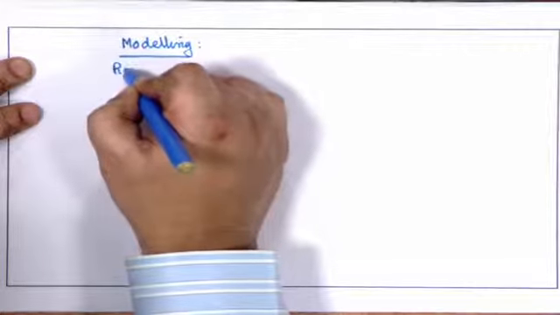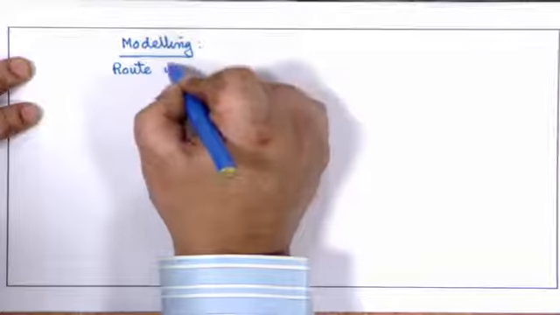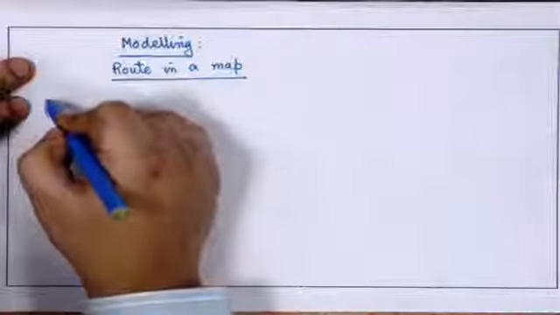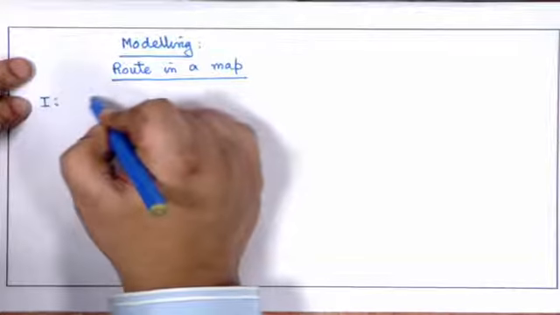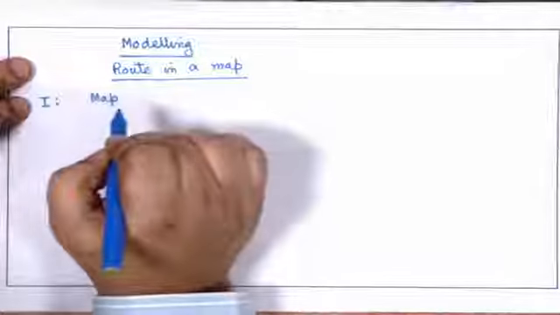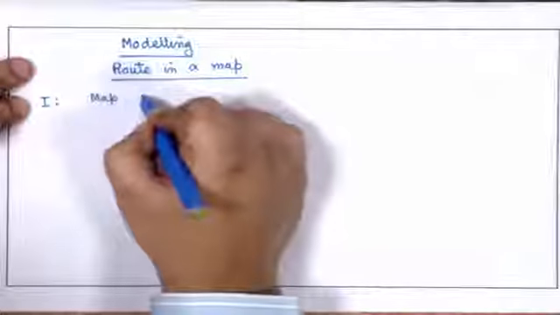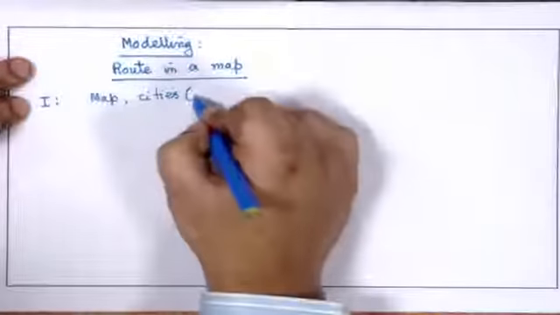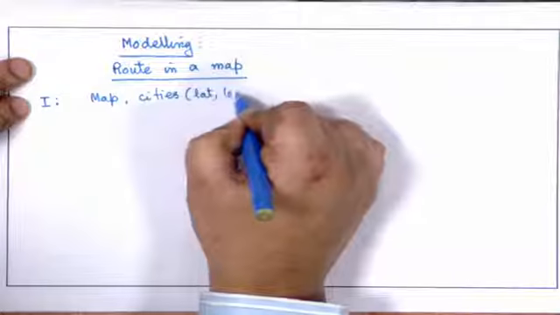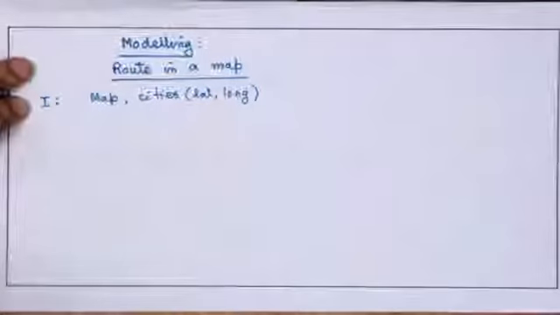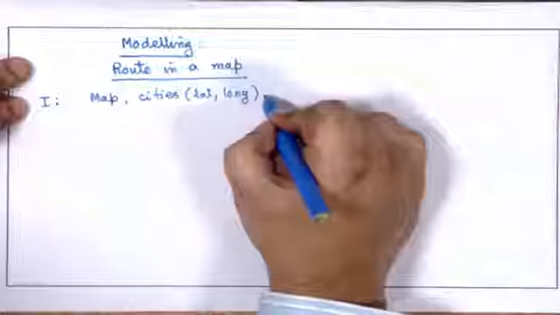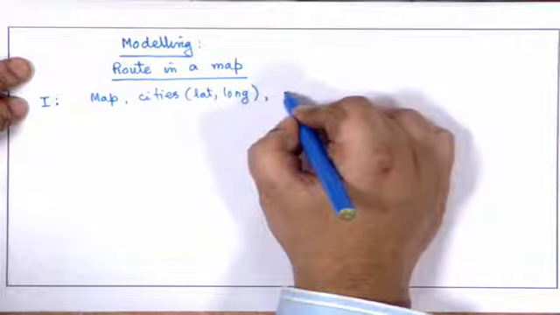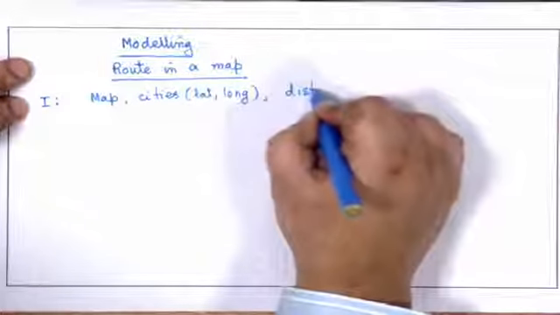So, the example is route in a map. So, the input actually given to you is a map. There will be some cities in the map. These cities will have latitude, longitude, and or any other coordinate, and between two cities there will be a distance.